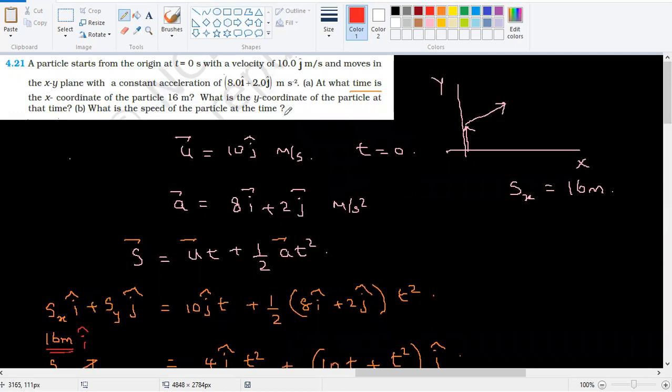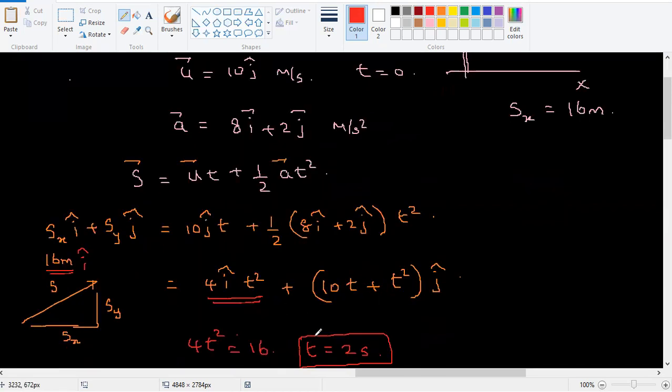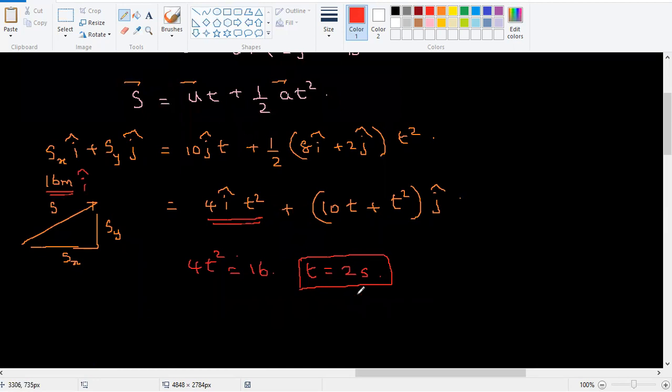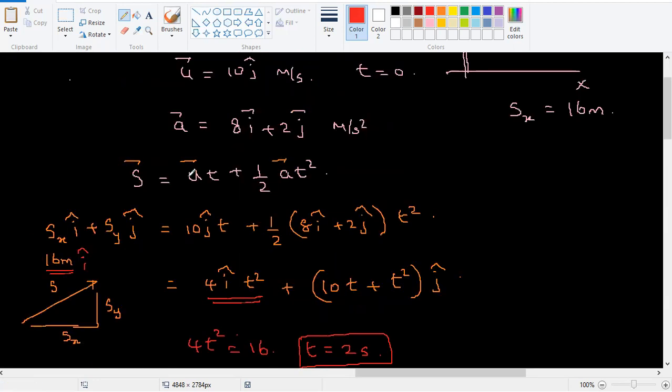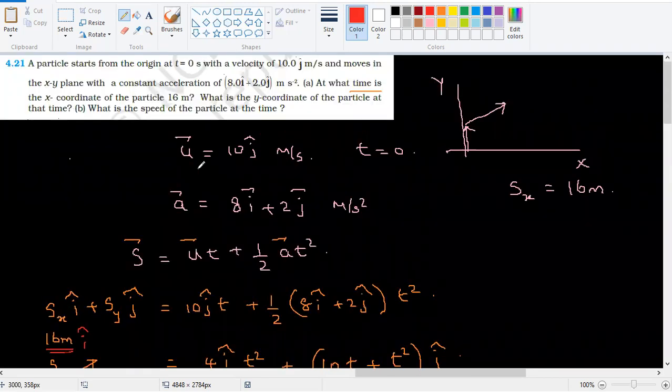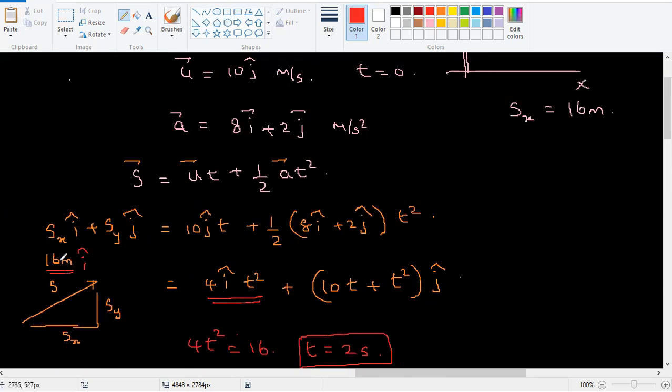What is the speed of the particle at that time? So that means they're asking you to find the velocity when time t is equal to 2 seconds. Distance is already given here, 16 meters, so I substituted 16 meters here.